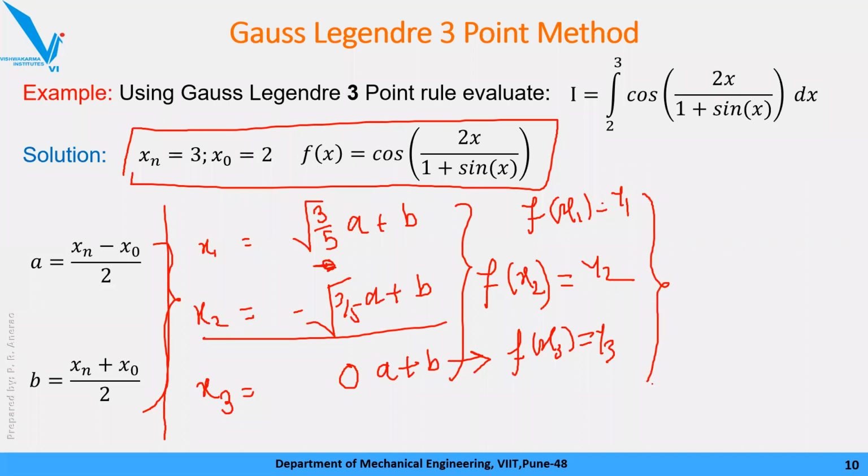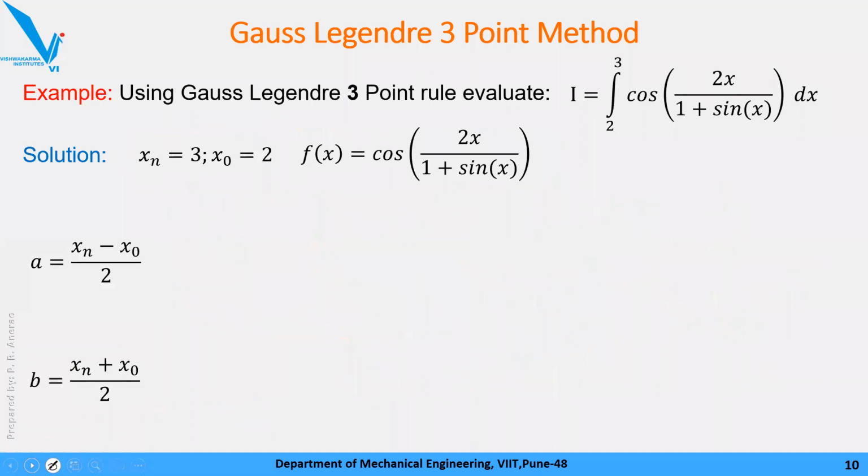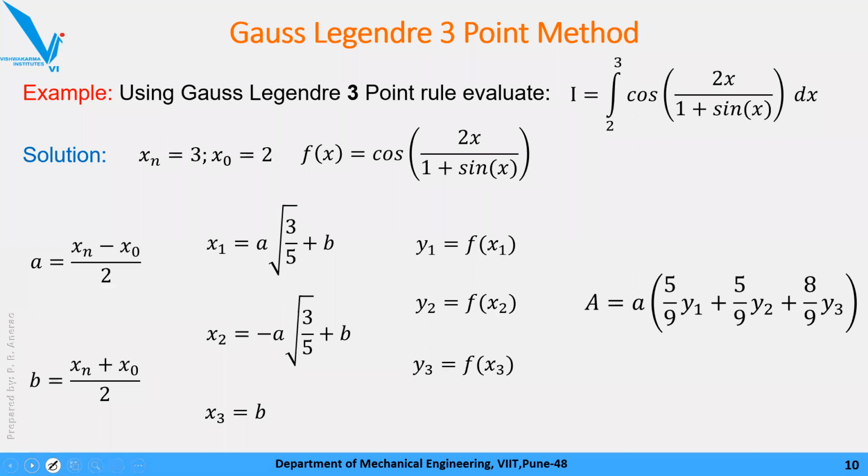And last, we need to calculate the integration or area, which is equal to, now this part you have to remember somehow, a into (5/9 y1 plus 5/9 y2 plus 8/9 y3). I think I am correct. Let's see. So by using this area formula, calculate the complete integration and that will be your answer. Let's do that.